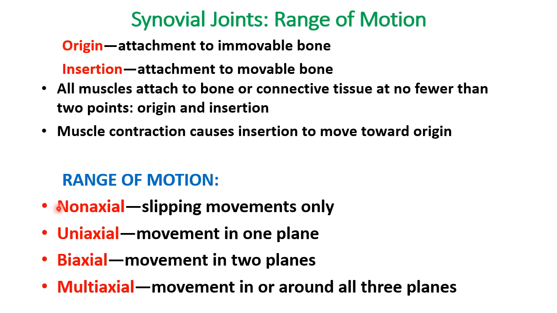Okay. Now, range of motions. You have non-axial, which is just a slipping type of movement. It doesn't go around an axis of any kind, like a sliding type of movement. Then you have uniaxial, which is movement in only one direction, like your elbow. It just goes one way, right? Then you have biaxial.